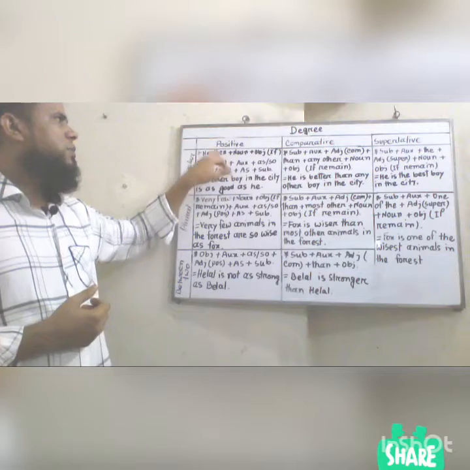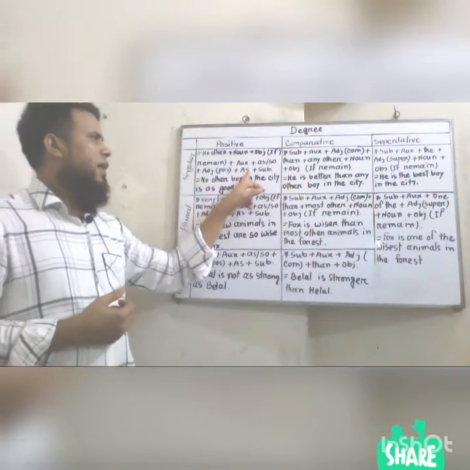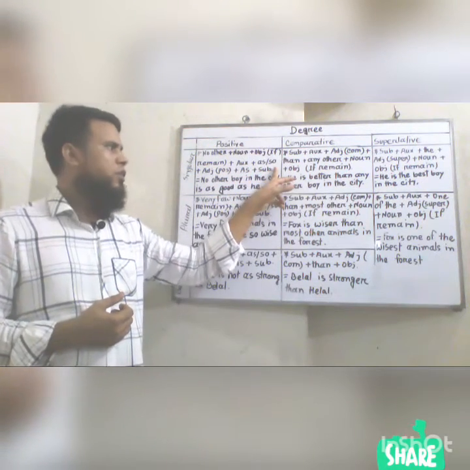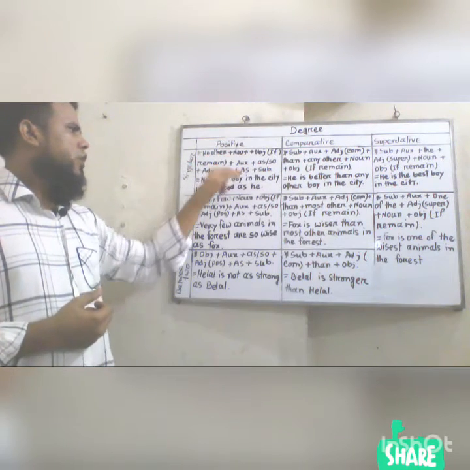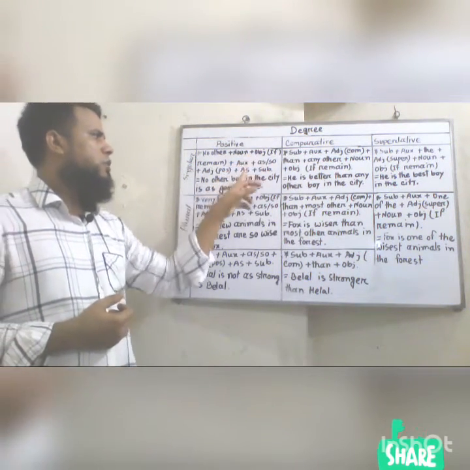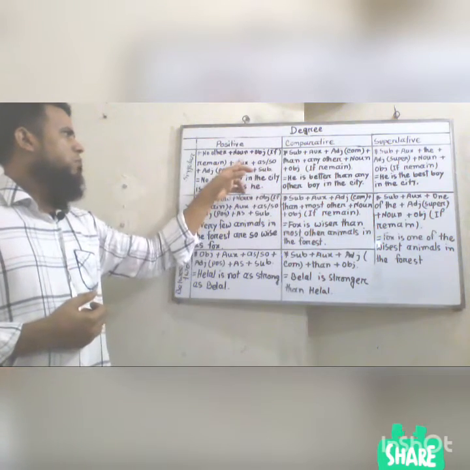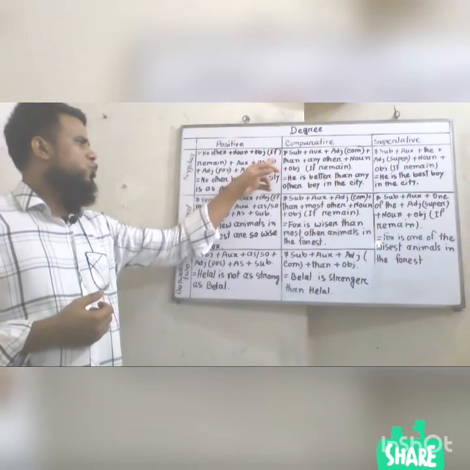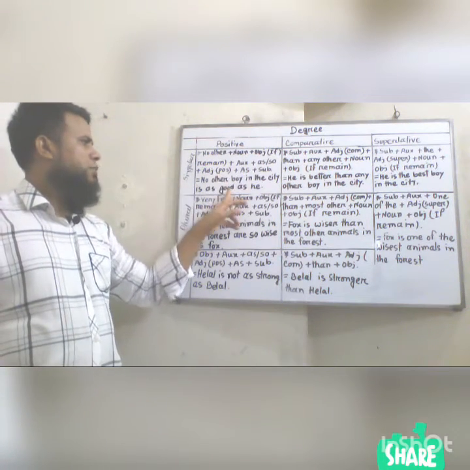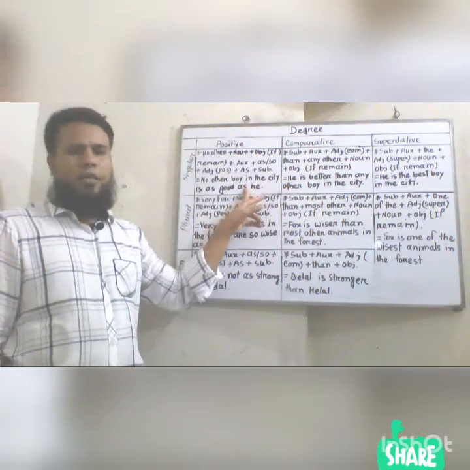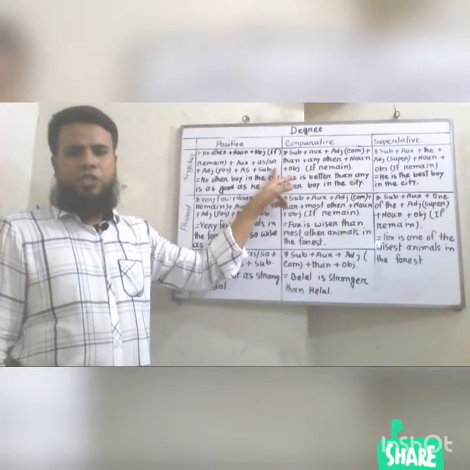Positive POS means positive, and then as, finally subject. For example, no other boy as good as he, in the city: no other, noun boy, object in the city, auxiliary is, I have used as, and then adjective good, and as, and he for subject.